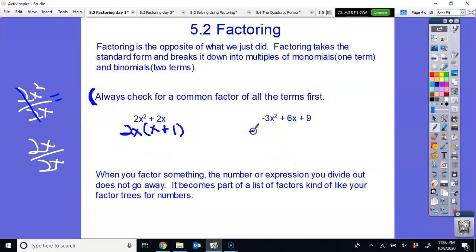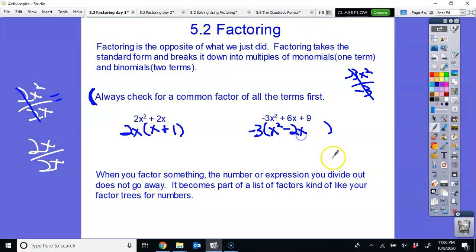You could also, on this one, divide negative 3 out. Now there's a reason I chose negative 3 instead of positive 3, because the negative 3 will make this 1x squared. When I divide negative 3x squared by negative 3, it's just 1x squared. Makes it nice and pretty here. What is 6 divided by negative 3?